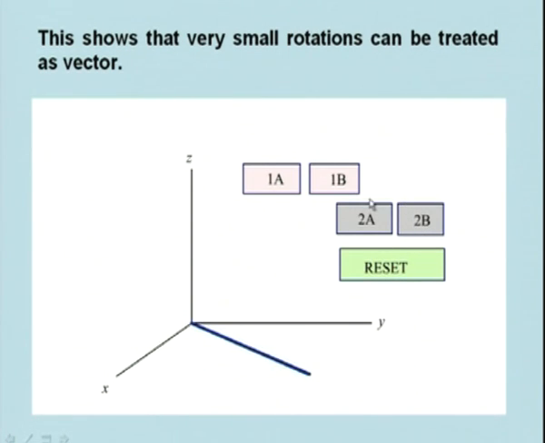You can see that the rotations have produced the same result. We can see it again. First rotate about the z axis, then about the y axis; here, first rotate about the y axis, then about the z axis, and we got the same thing. See again, these are small rotations, it is like this, and then after that you get this, and after that reset.